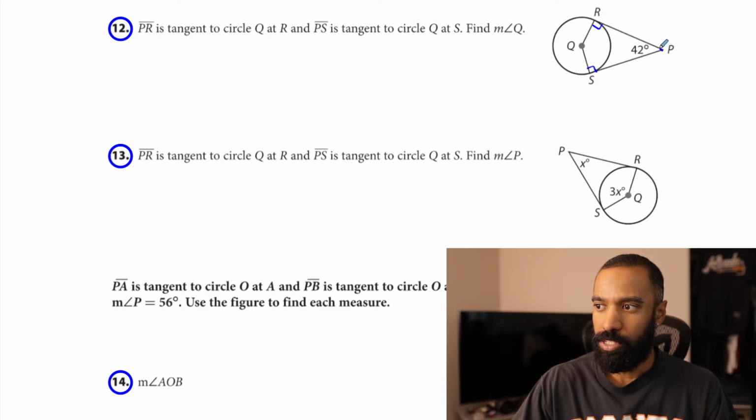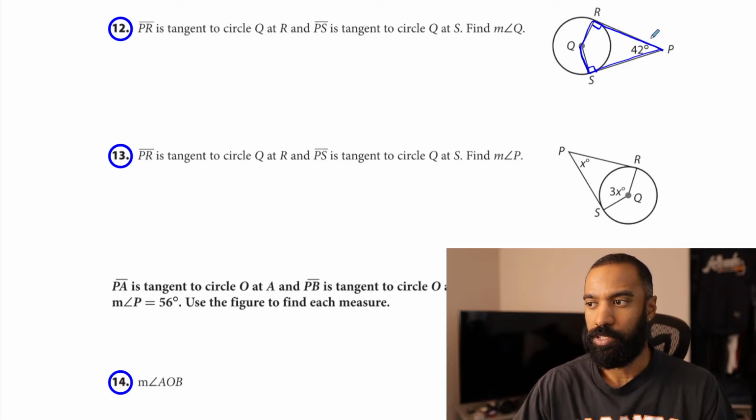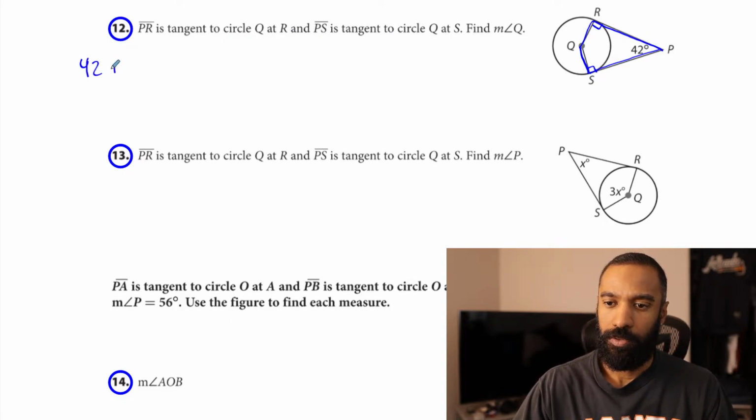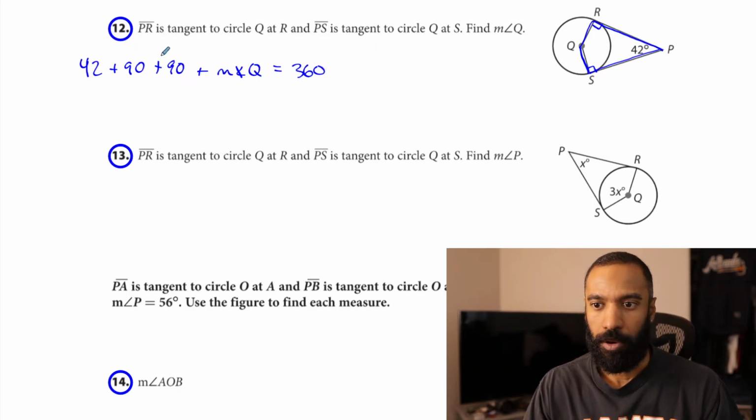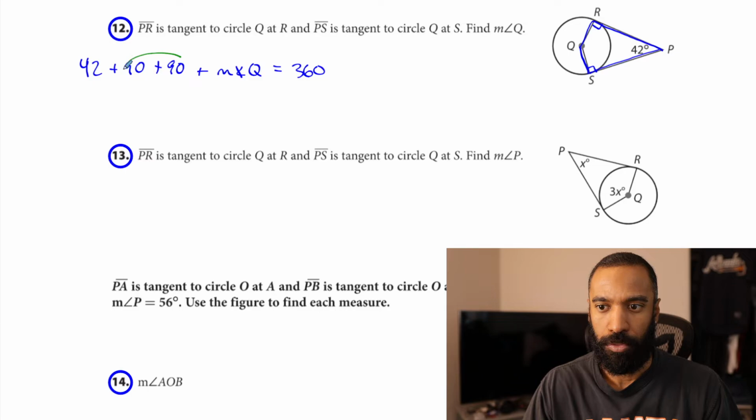Now, if you look at this entire structure here, this makes a quadrilateral, four-sided shape. And its interior angle sum is actually 360 degrees, that if you add 42 with the two 90s and then the measure of angle Q, which we don't know, that gets us 360 degrees. Now the part that I want to bring about really is right here. I know I can combine all three like terms.